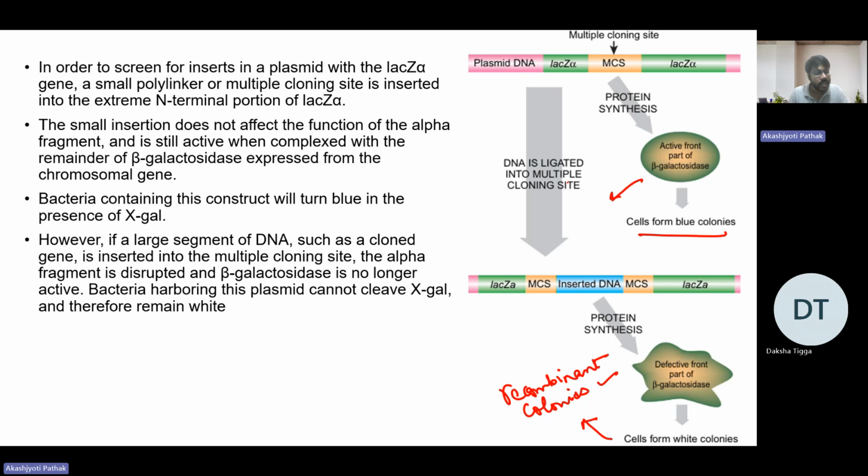If you have to screen which of the colonies have your gene of interest and which do not have the recombinant DNA, then you can directly add the substrate and see the color. The colonies which turn blue do not have your recombinant DNA plasmid, while those that are white have your recombinant DNA plasmid.